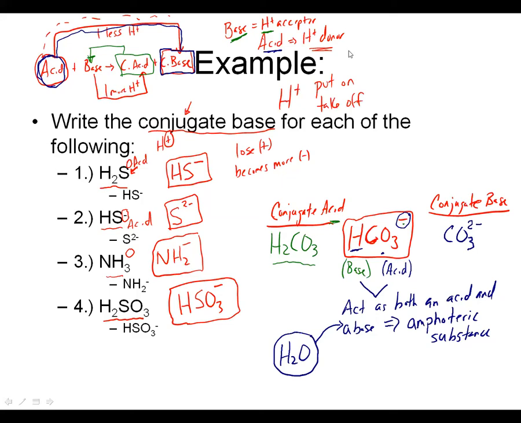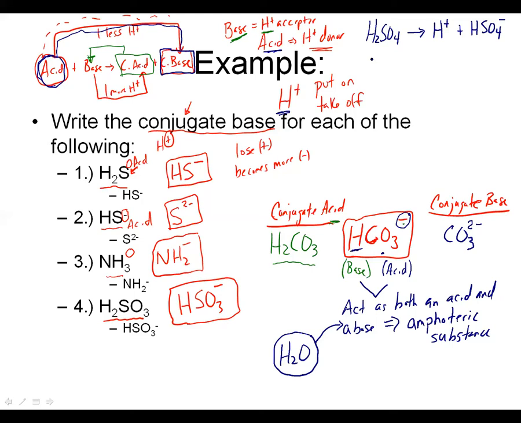And really the reason why we say it is just an H plus one at a time is that when something like sulfuric acid, which is H2SO4, loses a hydrogen, it loses one hydrogen at a time. So for example, the first thing that would happen is it would lose one hydrogen and become HSO4 minus.